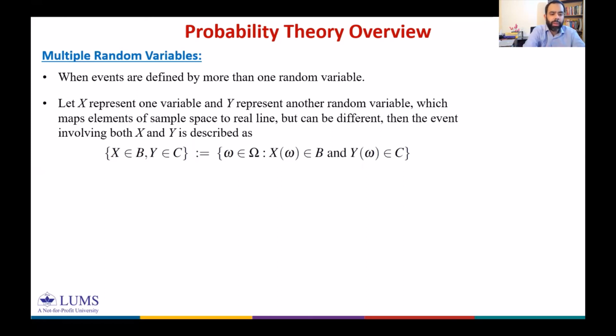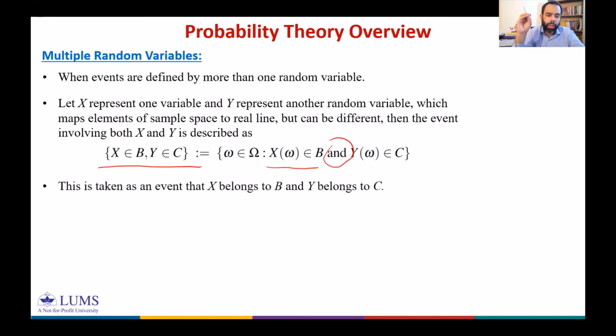Then we can define the event involving both x and y as x belongs to B and y belongs to C. This is interpreted as x of omega belongs to B and y of omega belongs to C. Right? So the important information here is this "and". It simply means the event that x belongs to B and y belongs to C.